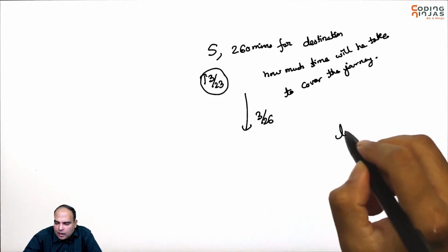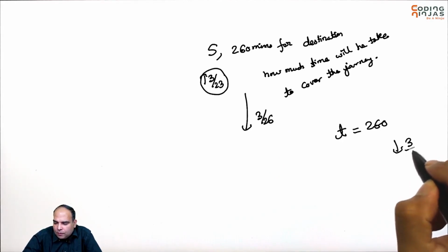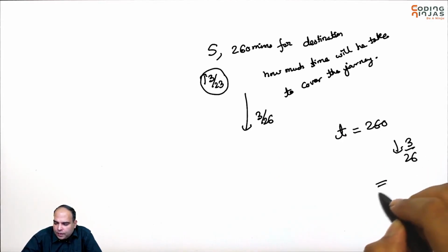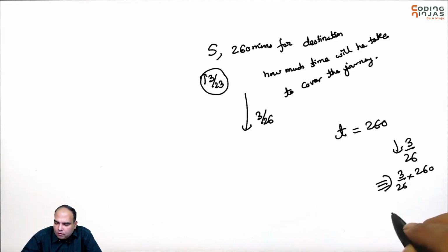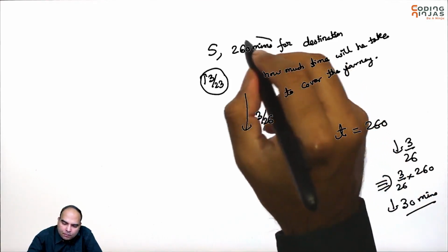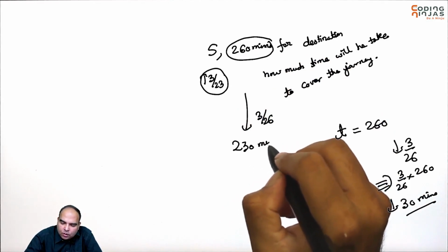And since the original time is 260, you are bringing it down by 3 by 26 of 260, which means that the time will drop by 30 minutes. And if you are taking 260 minutes to start with, you will now take 230 minutes to cover the same journey.